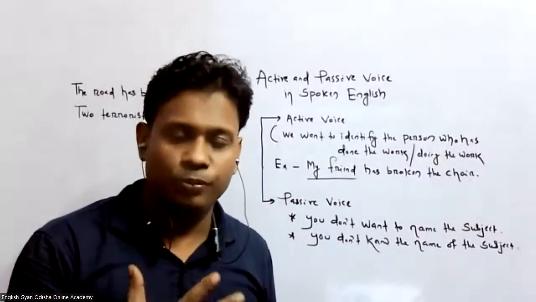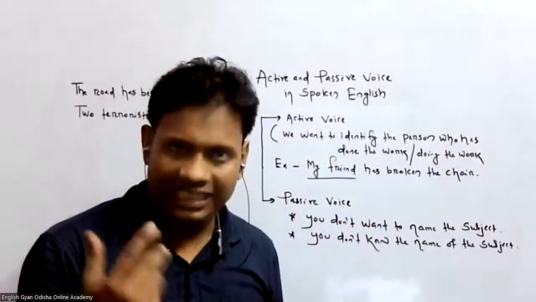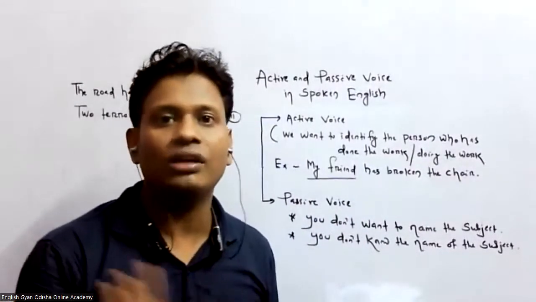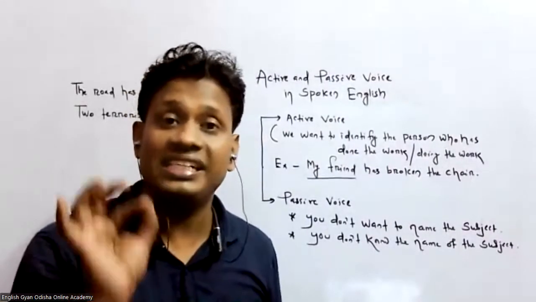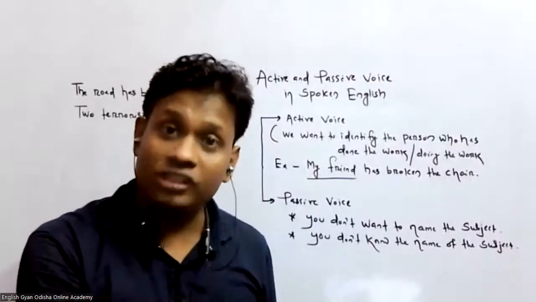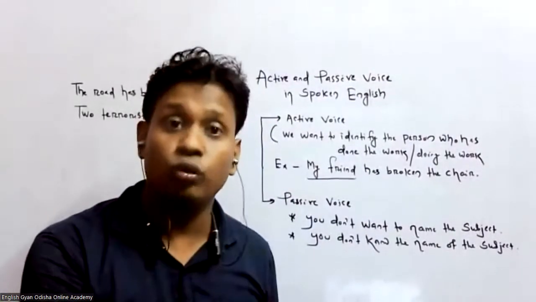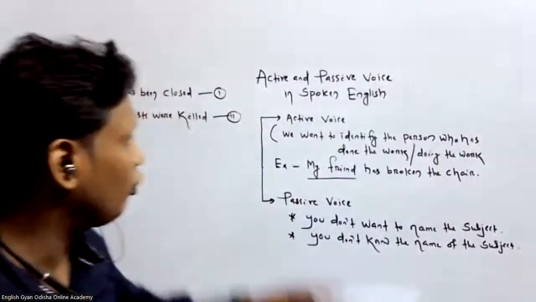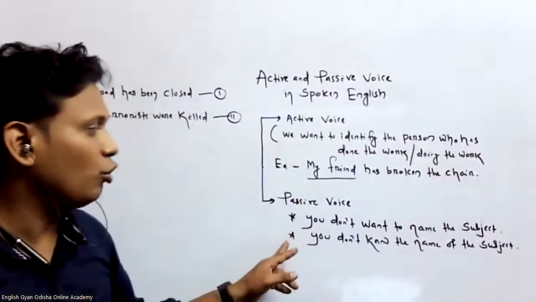Suppose my GL is calling me, and asking the TL, team leader Prasanna Kumar, I don't want to know when the work will be done or who will do the work, this has to be done. That means it's a form of passive. That person doesn't want to identify the name of the person who is going to do the work. Ultimately, the focus is more on action. Here, the focus is more on subject. Here, the focus is more on action.